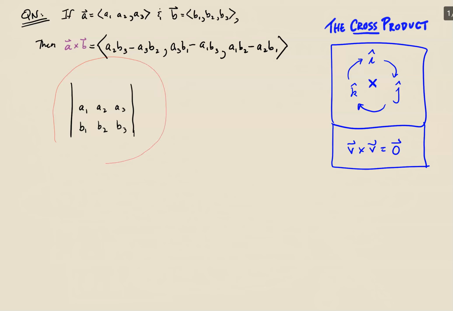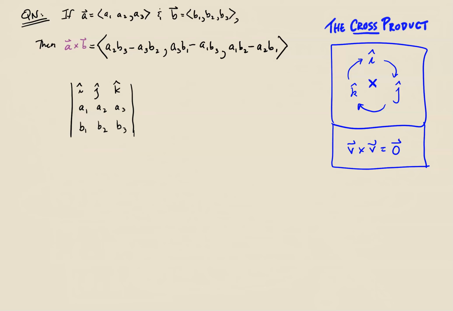Between these vertical bars, we're going to put a row in the middle that is the components of vector A, and then we're going to put a row at the bottom that is the components of vector B. Upstairs in the top row, we're going to write I hat, J hat, and K hat. And this weird array is just going to be our symbol for a strange kind of computation that we'll do.